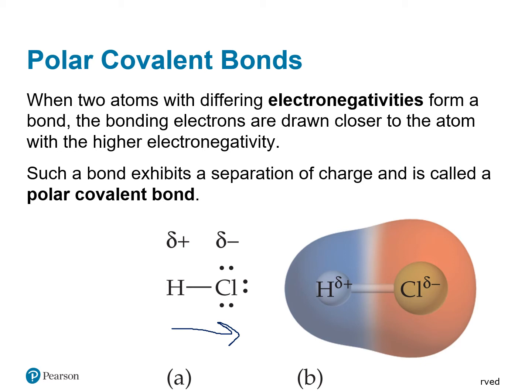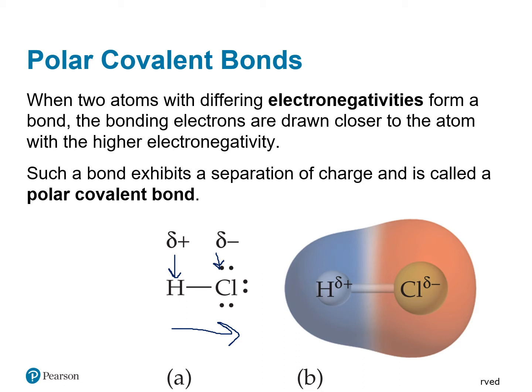And such a bond, where you can see a separation of the charges, is referred to as a polar covalent bond. These delta positive and delta negative are the small, or partial, charges. Delta positive is on hydrogen, delta negative is the charge on chlorine.